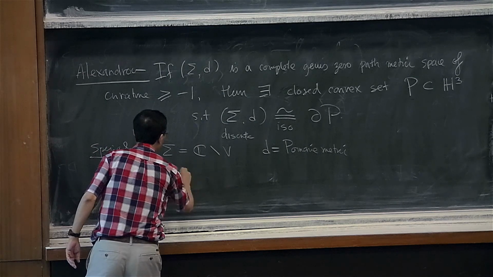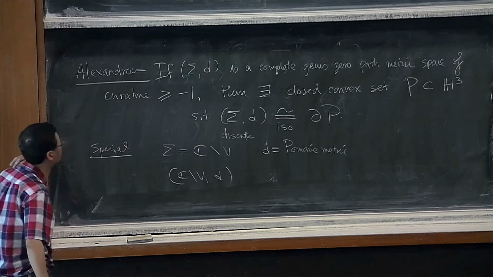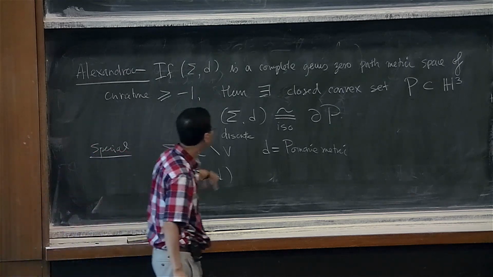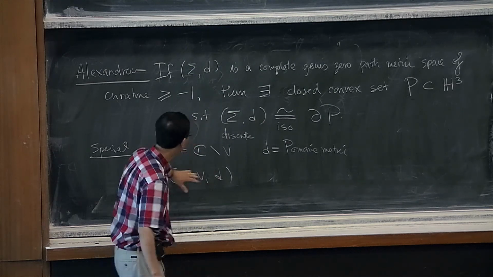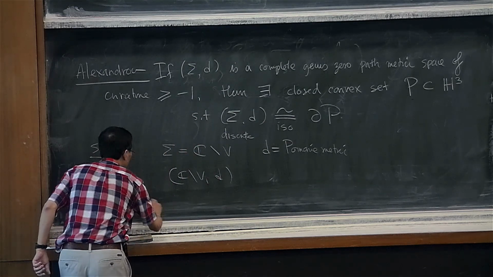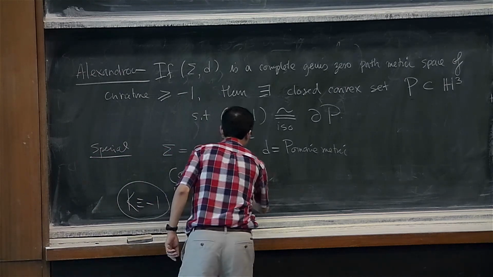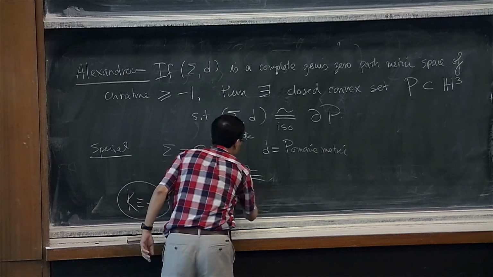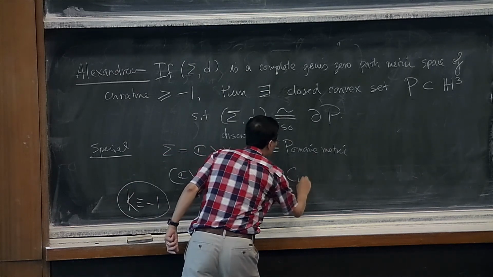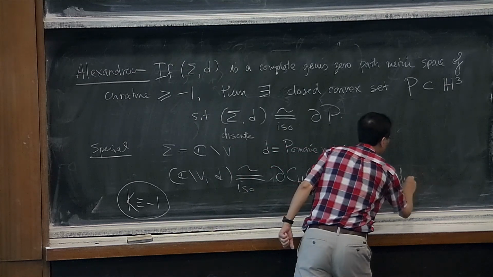Then if you apply this Alexandrov theorem to it, you will see it's going to be the boundary of some convex set, because now the curvature is equal to -1 everywhere. It's constant, and you can show with a tiny bit of work that it's going to be isometric to the boundary of a convex hull of some discrete set E prime.